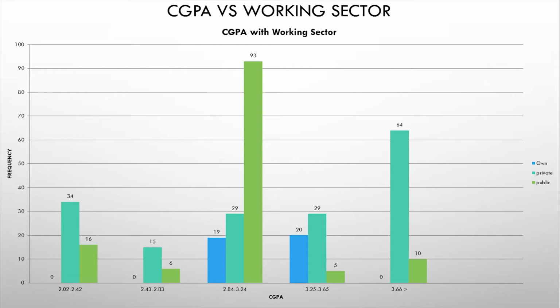That's the highest frequency of students. While the lowest is 5% in 3.25 until 3.65, also in public. For the rest, people work as own and private company.